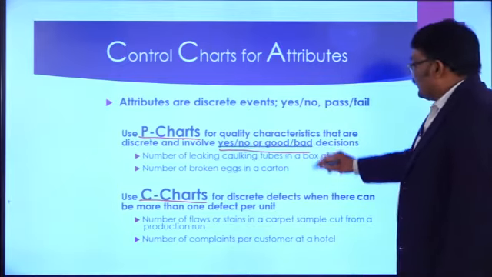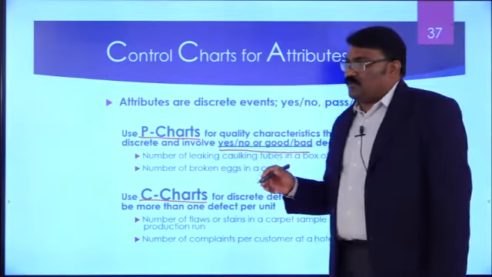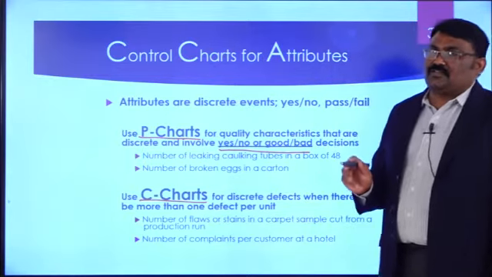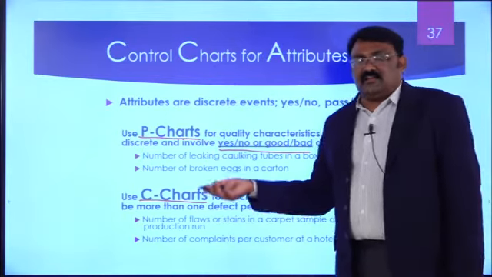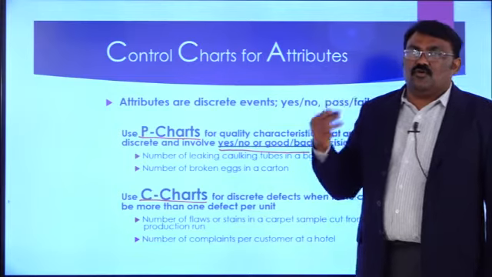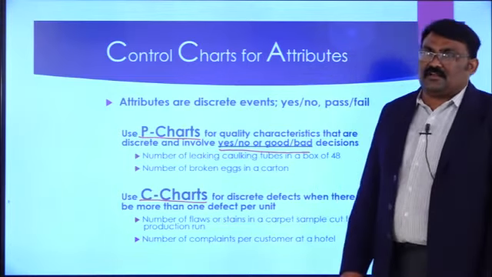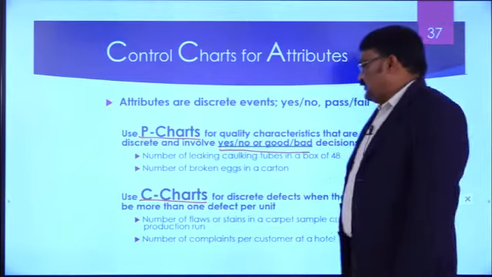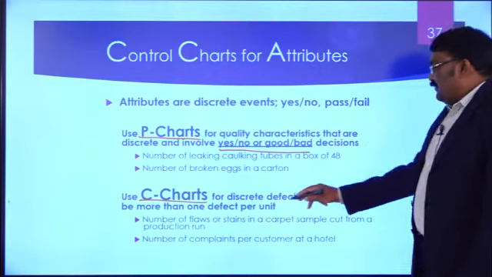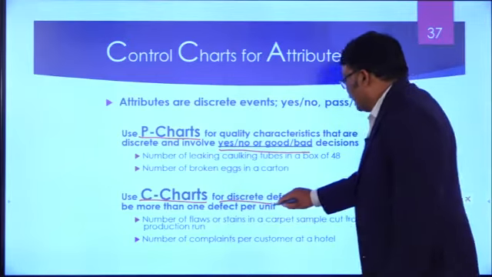That means it exclusively decides about the quality process, whereas the X bar chart and the R chart are more relevant to quantity parameters. Similarly, the C chart is used for discrete defects.